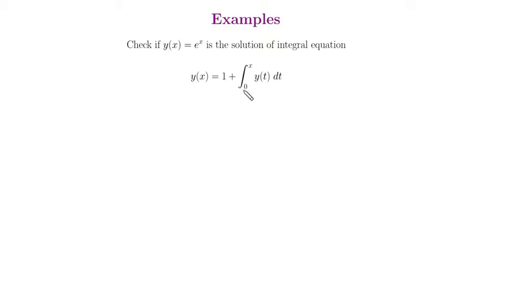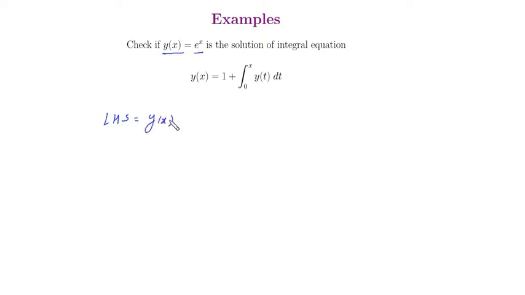So this is a non-homogeneous Volterra integral equation, and to check whether the given function y(x) equals e raised to x is the solution of this integral equation or not, we have to substitute y(x) equals e raised to x and check whether we get left hand side equals right hand side.